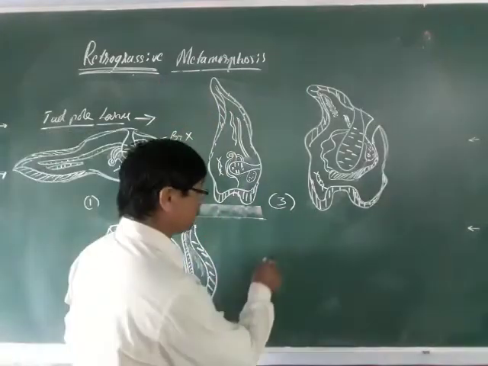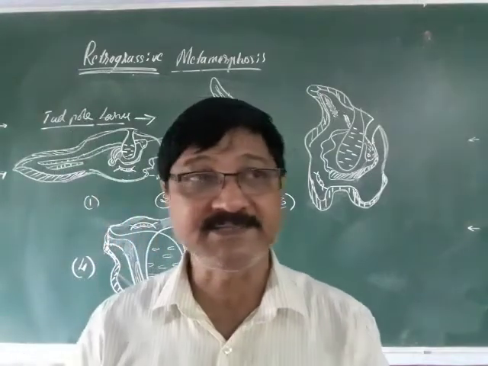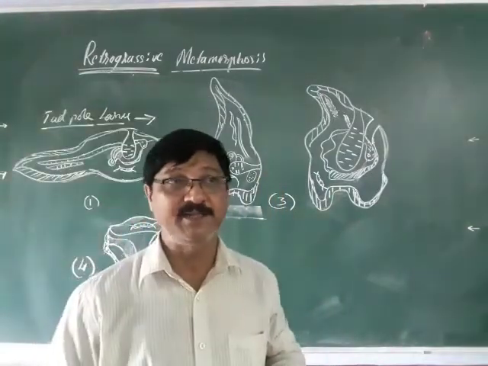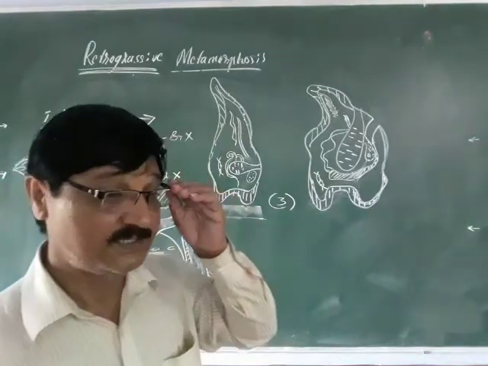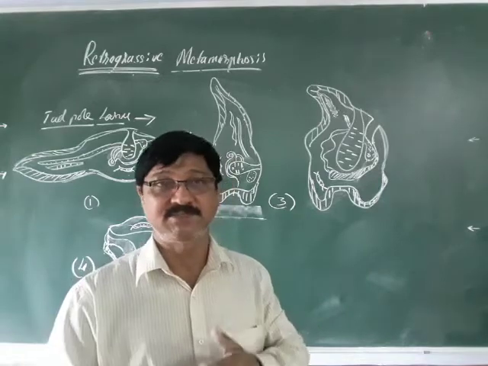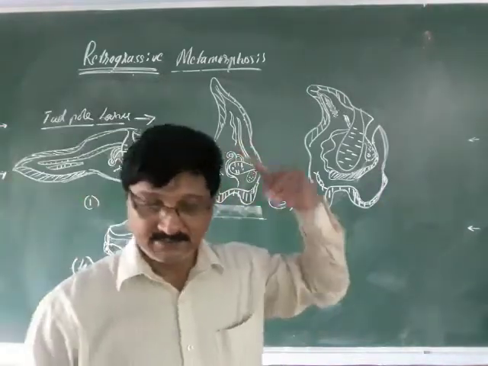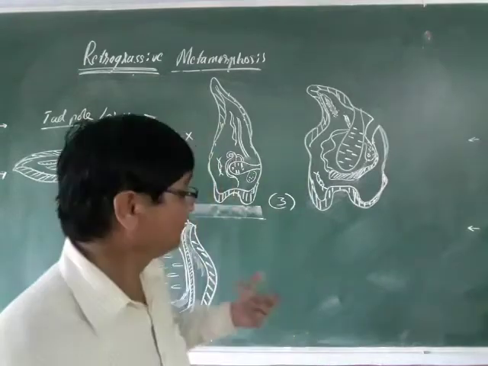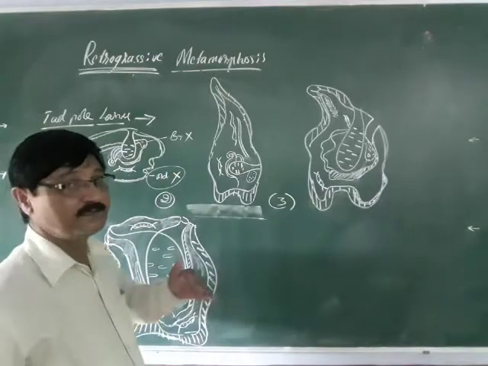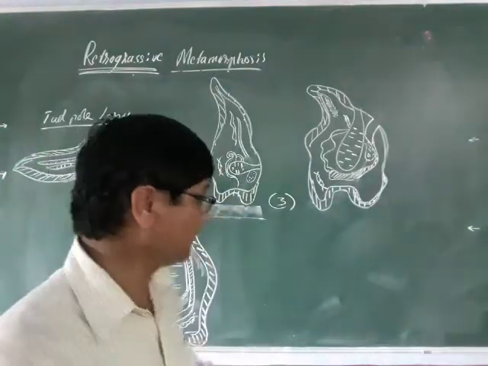Usually, as I said in the beginning, it is a free swimming larva. After hatching, for 2 to 3 hours it swims freely in the water without taking any food. After that it sinks down into the water, and with the help of the adhesive papillae, it searches for a suitable place to attach.